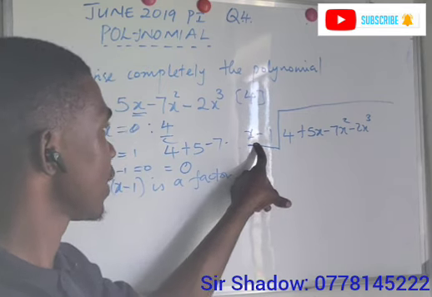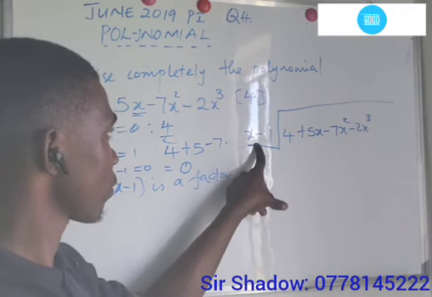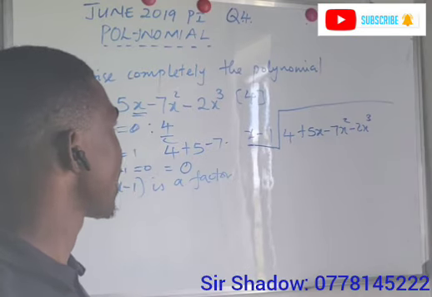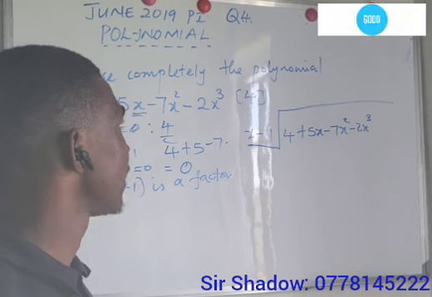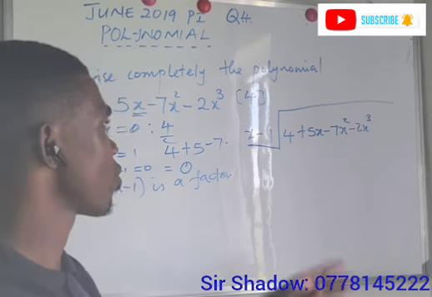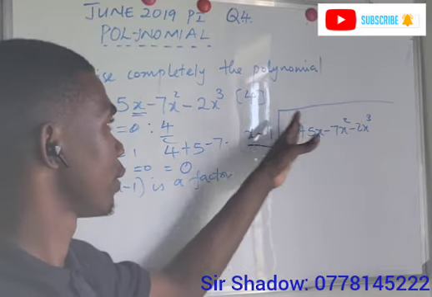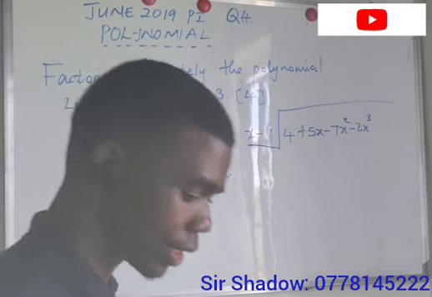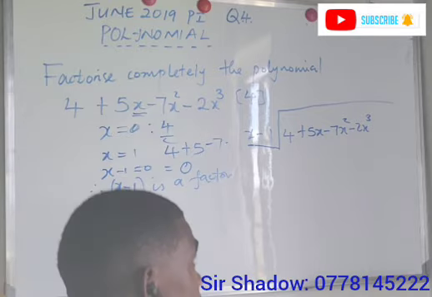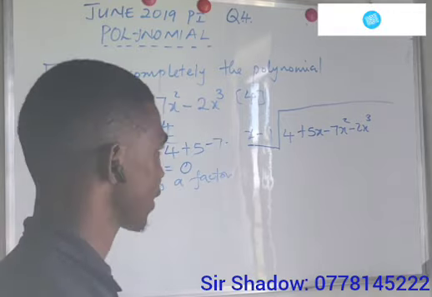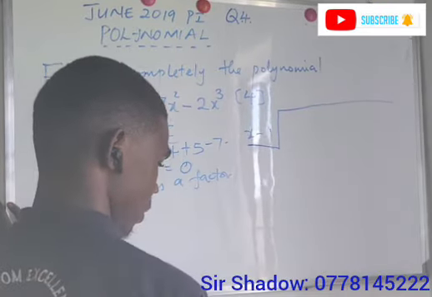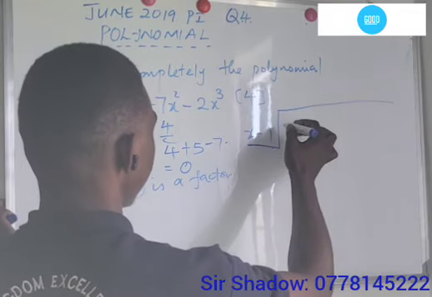Remember we are given 4 plus 5x minus 7x squared minus 2x cubed. We can arrange this in descending powers of x, starting with the highest power.